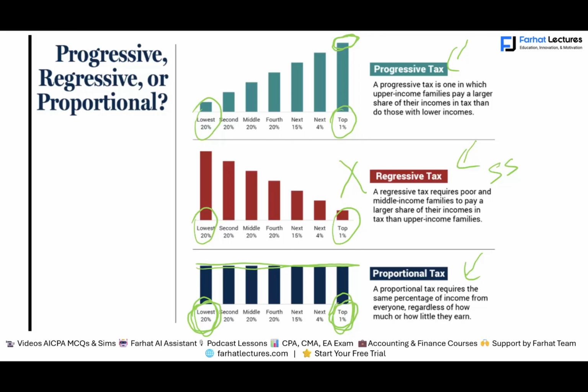But the argument is the proportional is effectively a regressive, because, as I showed you earlier, it imposes a higher burden for lower and middle income families than a person that's making $1 million or more, because they can afford to pay the same percentage and still live comfortably, versus someone who's making 150 with 2 to 3 kids, imposing the same rate as someone who's making $1 million. Although it's the same percentage, it's going to eat up a larger amount of their purchasing power, so they can enjoy their money way less.